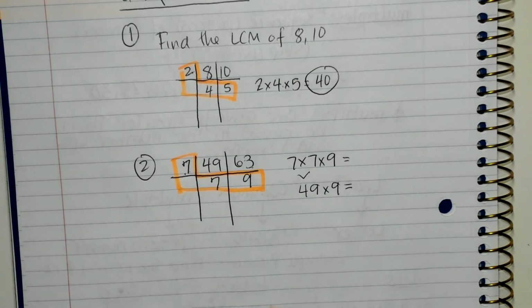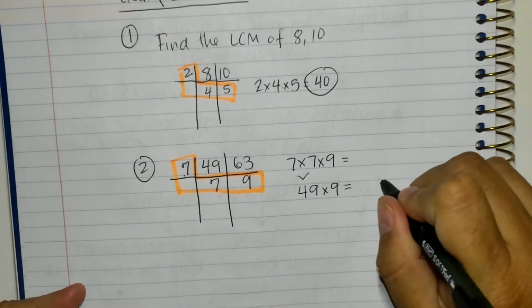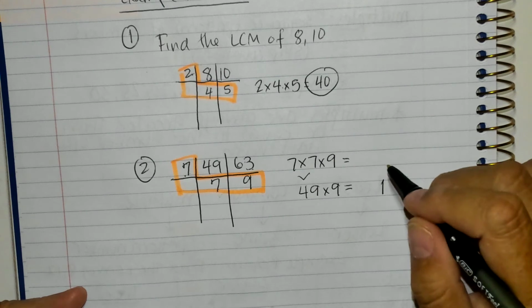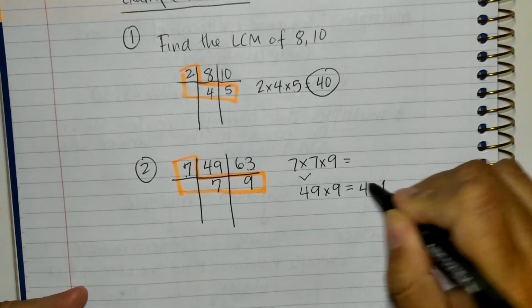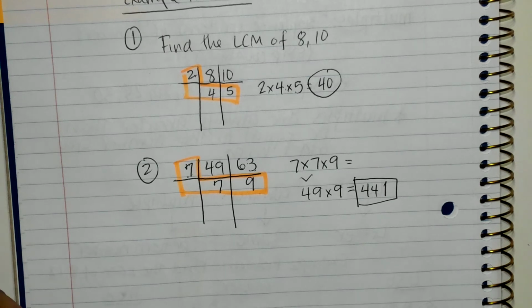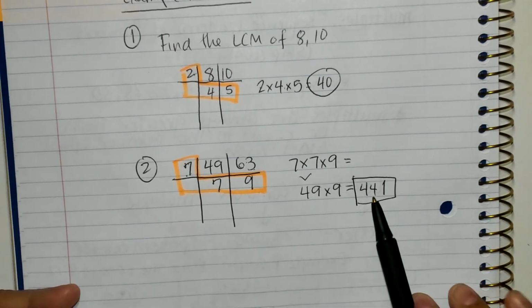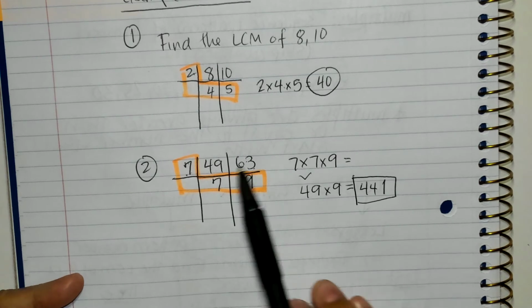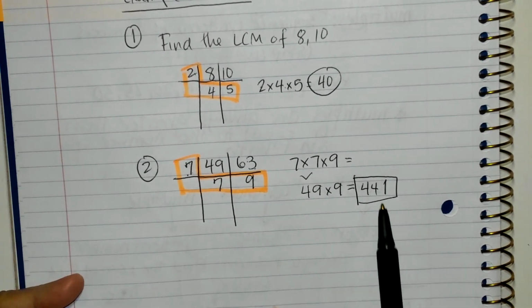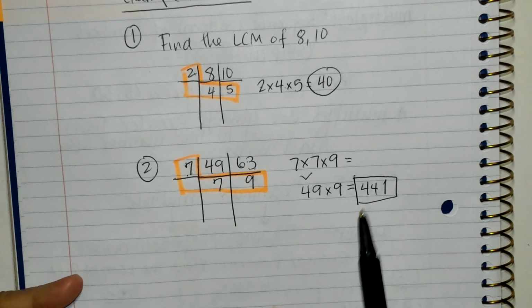All right, hopefully you've got it. Check your answer. You should have gotten 441. So again, this is a big number. It's larger than what we started with. And since we already started with large numbers, we knew we had to go larger.